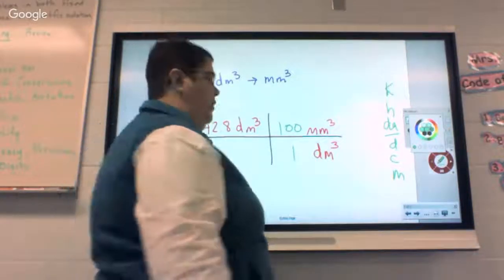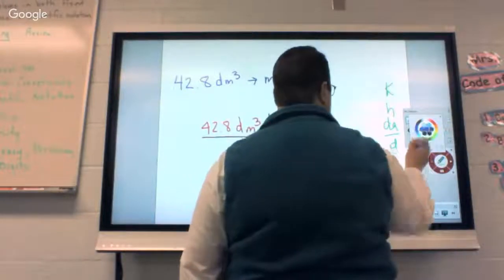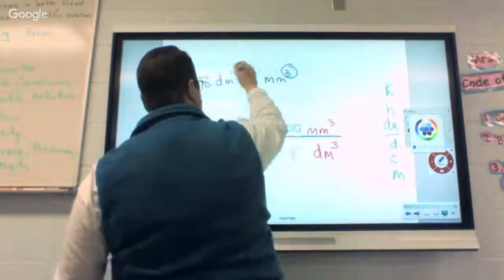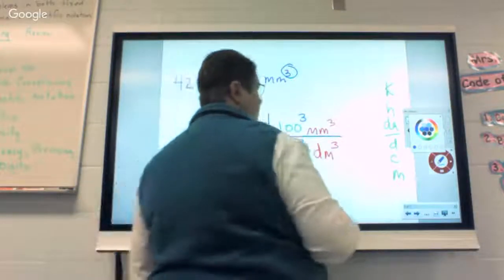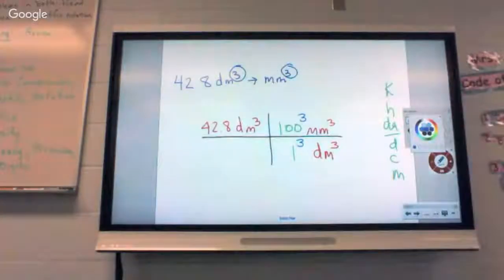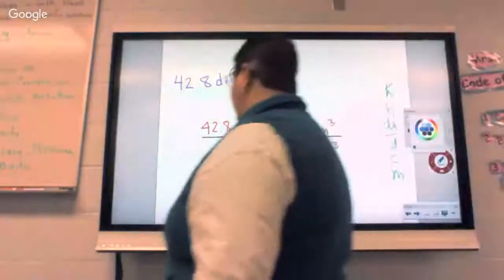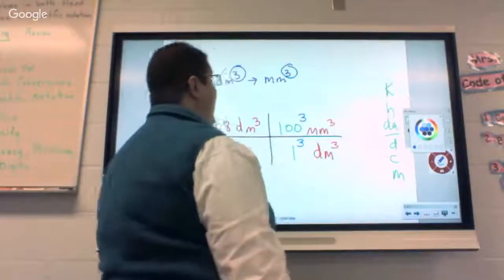And then how do I decide what I do next? That's right, because both of these are cubes. I got a cube here and here. So when I put it in my calculator, 42.8 times 100 raised to the third, I get 4.28 E7. So how am I going to write that answer?